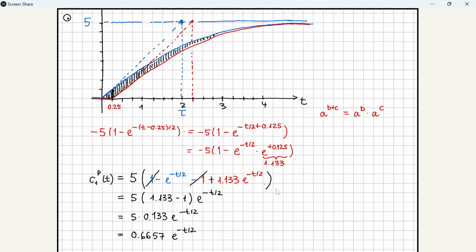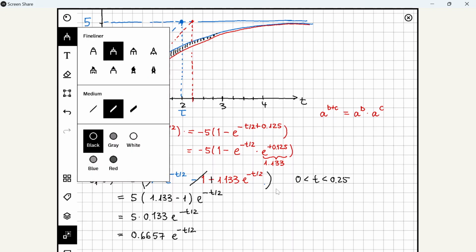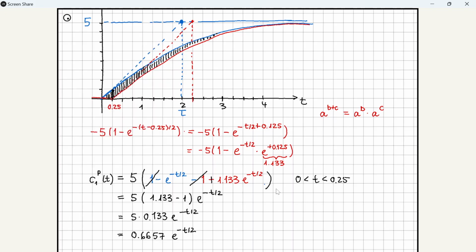Okay, so this means that for t between 0 and 0.25, we only have the blue term, which was 5 times 1 minus e to the minus t divided by 2.